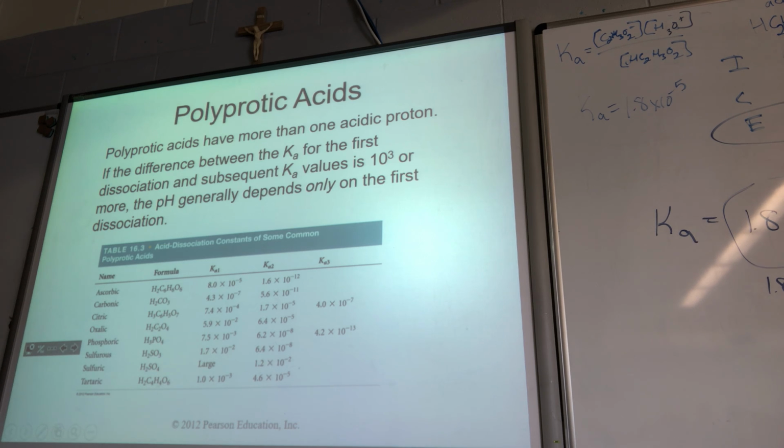Because in order for the second proton to pop off, the first proton has to leave and attach to something else, and then the second proton has to find a place to go. Not likely to happen when your reaction is happening, because at one point you're going to run out of a place to put your extra proton. Makes sense?